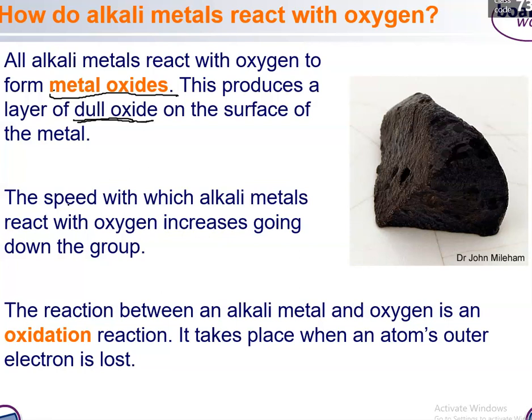Okay, now the speed with which these alkaline metals react with oxygen increases as you go down the group. Now, we just said that reactivity increases going down the group. What you also have to know is that the type of reaction between the alkaline metals and oxygen is oxidation, because there is loss of the outer electron of the alkaline metals.